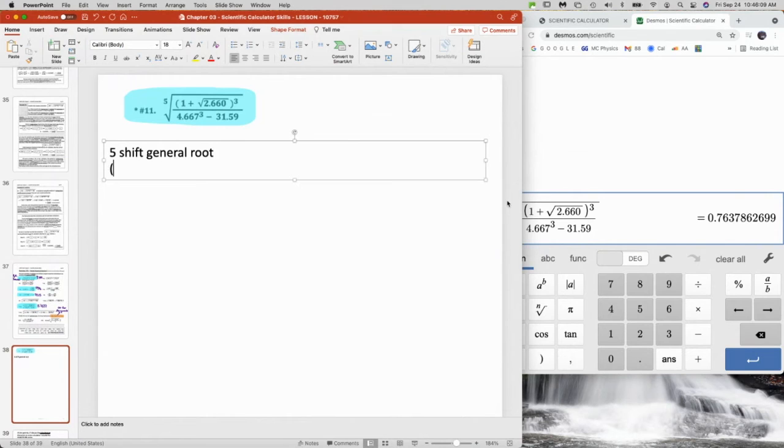Then I would type in a bracket, another bracket, 1 plus square root 2.660, close bracket, power 3, divide. I'll put the divide a little bit further down so you can see it. So these spaces are just to help you visualize what's happening here. 4667 cubed minus 3159. Please double check if I screwed up any of the characters here.